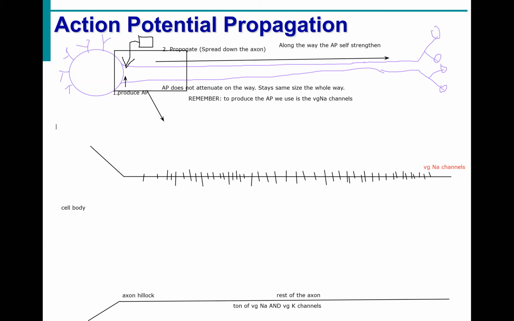So remember, this starts with our graded potential. That graded potential spreads to the axon hillock. And here at the axon hillock, we depolarize the axon hillock to negative 60 millivolts.